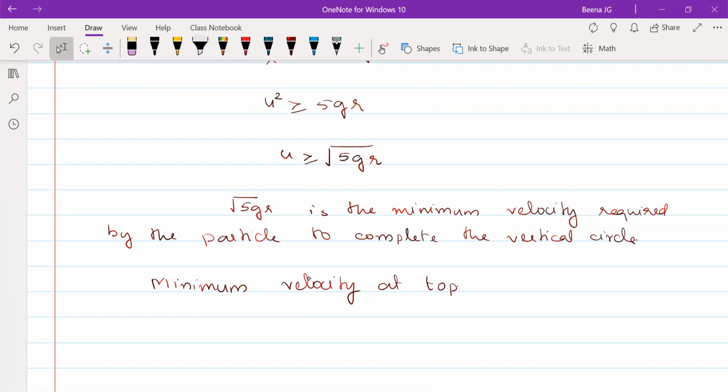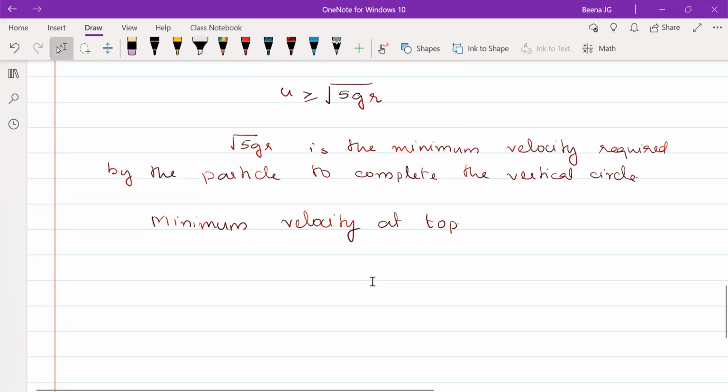This now we can do with either, as I told you in the beginning, conservation of energy or even equations of motion. So here I am going for v square minus u square, the basic concept, or else the change of energy also, as I told you.